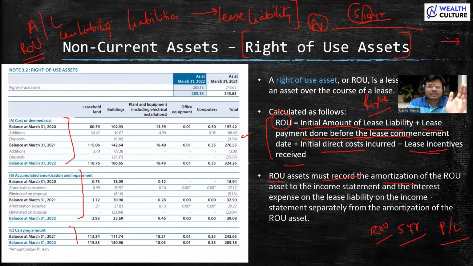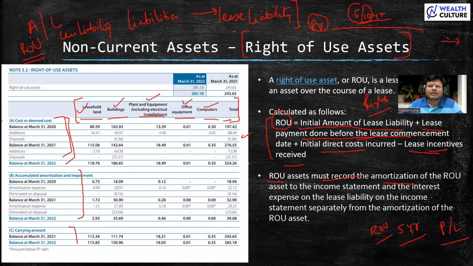For us, the line items are the same: leasehold land, buildings, property, plant and equipment, office equipment, computers. We have taken these items on lease, and this is the right of using those assets. The calculation is slightly more accounting-led, so I'll post an example in the group for you to go through. But the basic idea is similar to what you have on the fixed asset side.